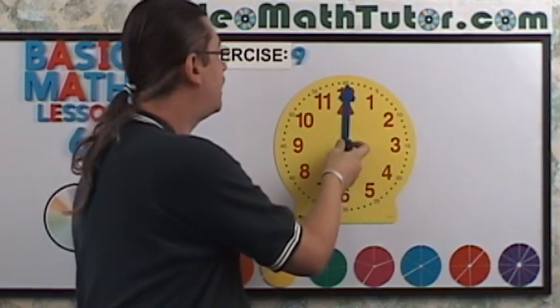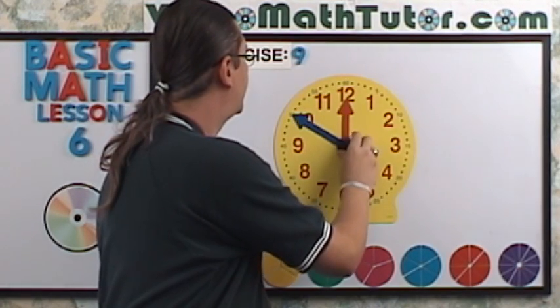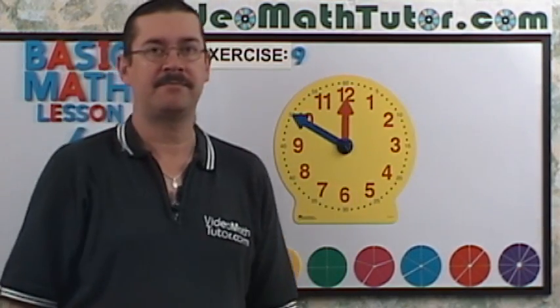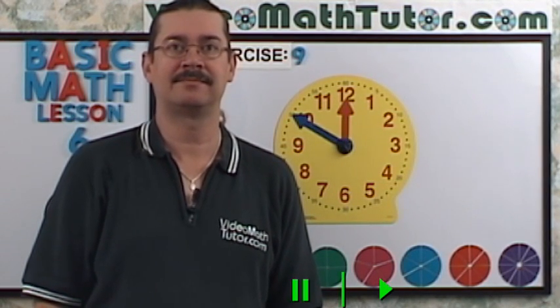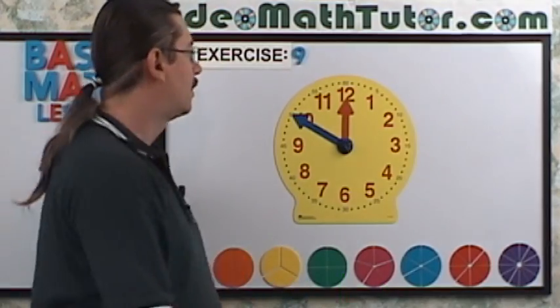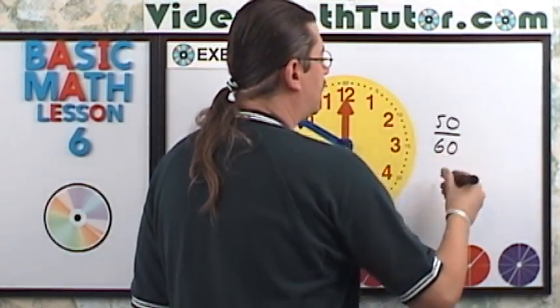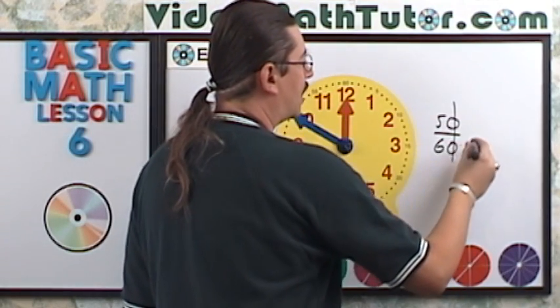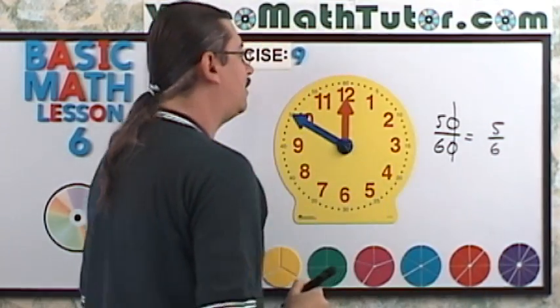Now let's move our minute hand to right here. 50. Give me the fraction and its reduced form. Well, write down 50 over 60. A very fast way to reduce is to just cut out the zeros. So I'm left with 5/6 as the final answer.